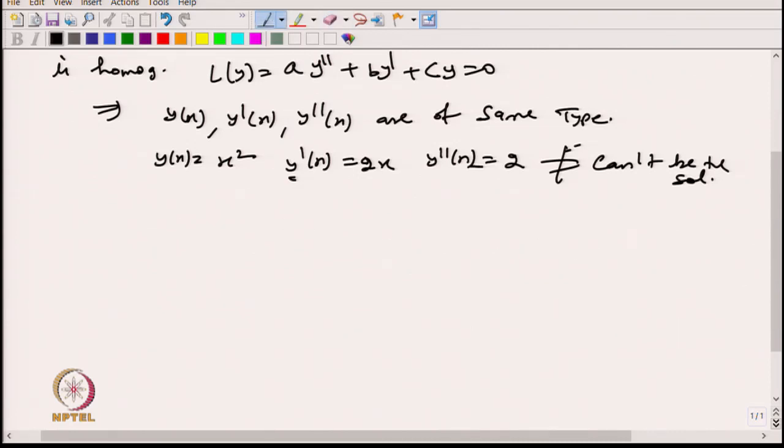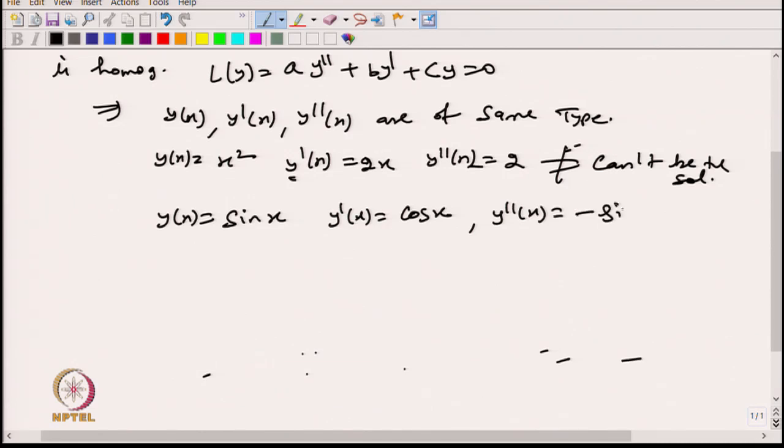So, what we do is, now I will try to take another function. I take y(x) equal to sin x. Then I know that its derivative y dash x will be cos x and y double dash x will be minus sin x.